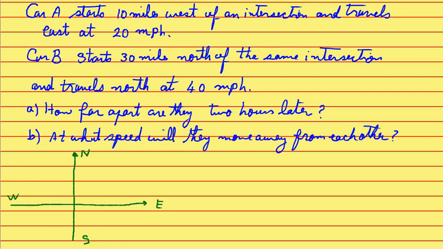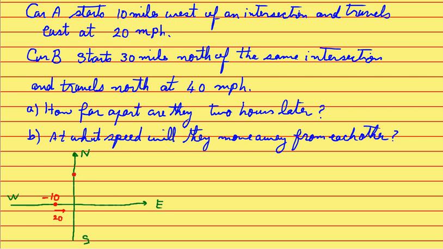Our car A, starting to the west of the intersection, is traveling this way. So this is 10 miles to the west, so 10 miles west will be -10. It's going at 20 miles per hour.